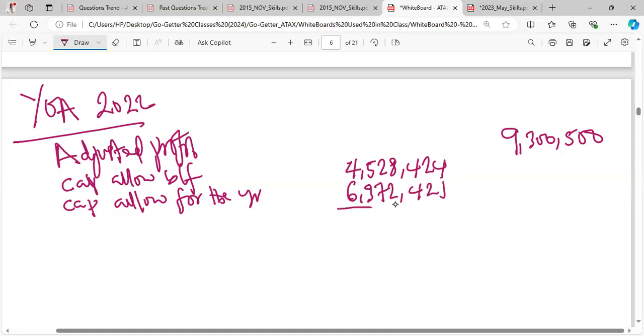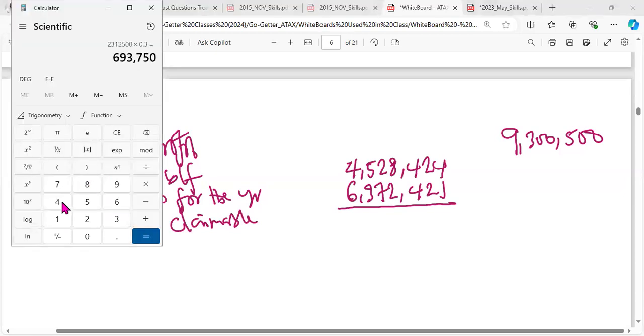Okay, so this will be total capital allowance claimable. When we add these two together, what do we have? 4,528,424 plus 6,372,421. That gives me 10,900,845.